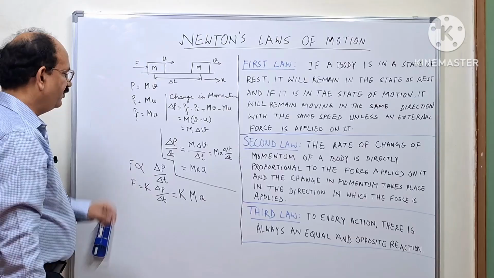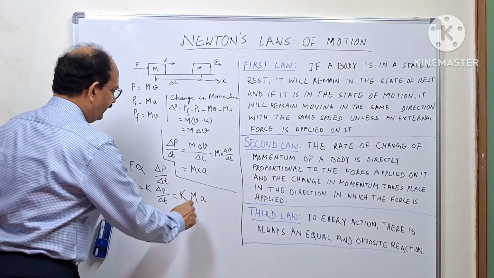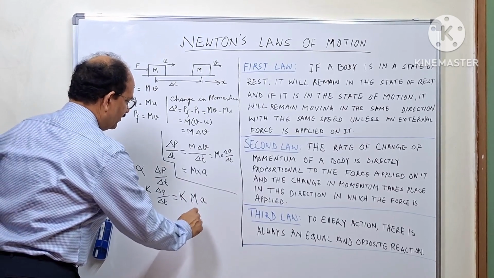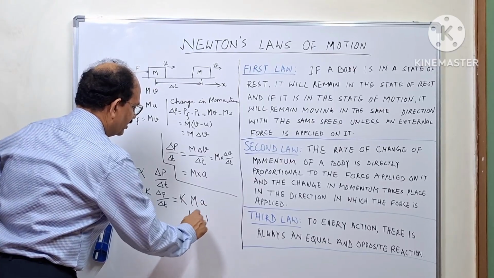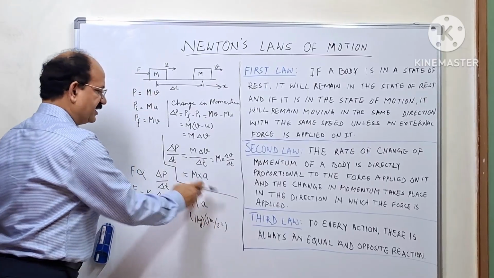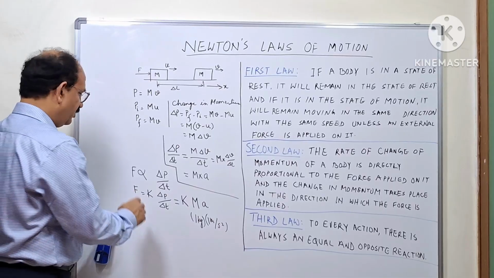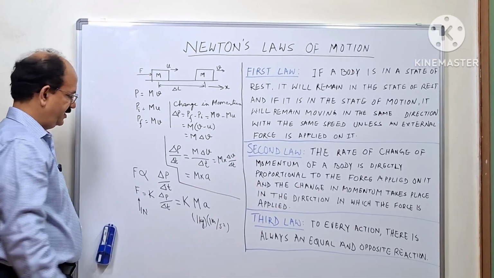Now the unit of force is chosen in such a way that if for 1 kg of mass, 1 meter per second square of acceleration is produced, it means 1 Newton of force is being applied.